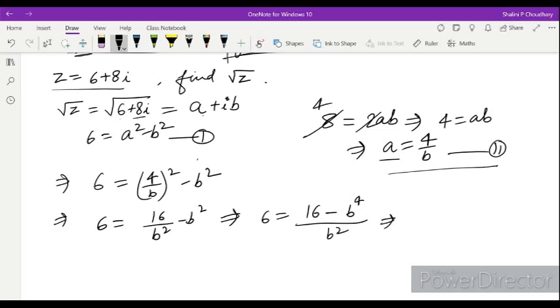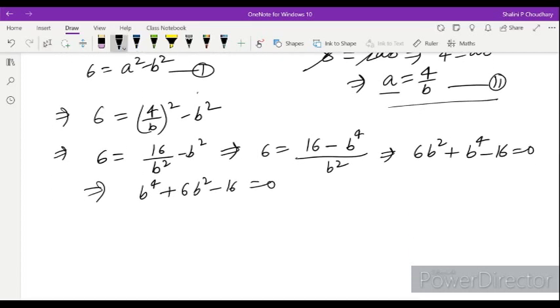So that gives 6b square plus b to the power 4 minus 16 equal to 0. So b to the power 4 plus 6b square minus 16 will be equal to 0.